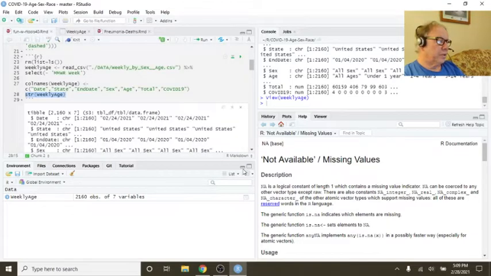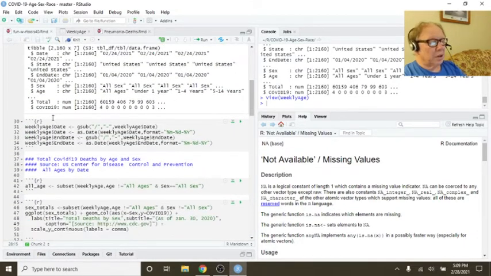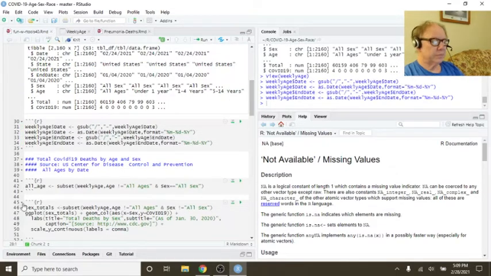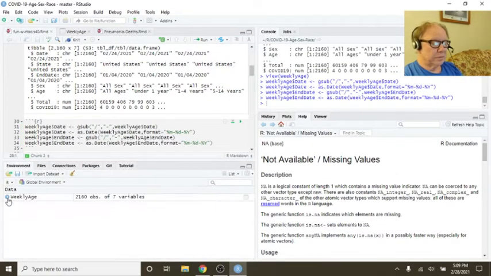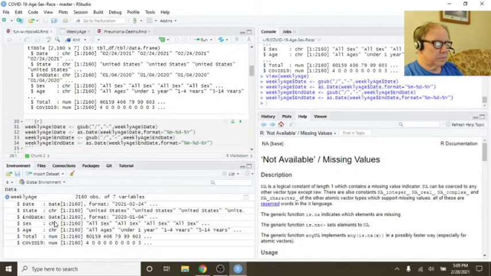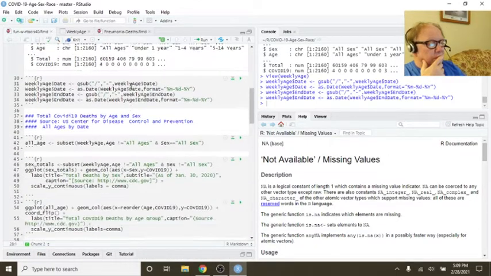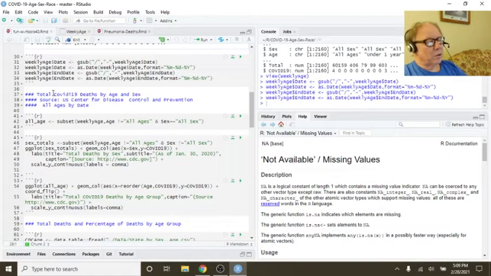Okay, let's just continue on here. We're going to fix some date problems. So now this will be the total COVID-19 deaths by age and sex. Source: Centers for Disease Control and Prevention.